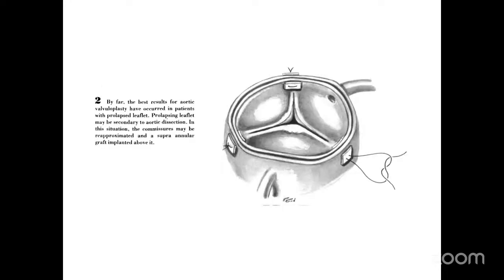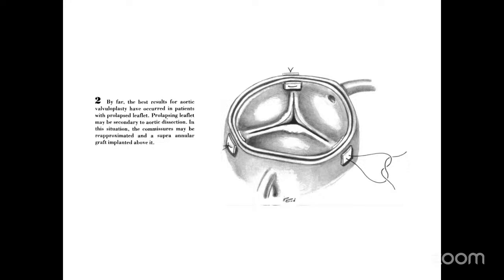By far, the best results for aortic valvuloplasty have occurred in patients with prolapsed leaflets. Prolapsing leaflet may be secondary to aortic dissection. In this situation, the commissures may be reapproximated and a supraannular graft implanted above it.